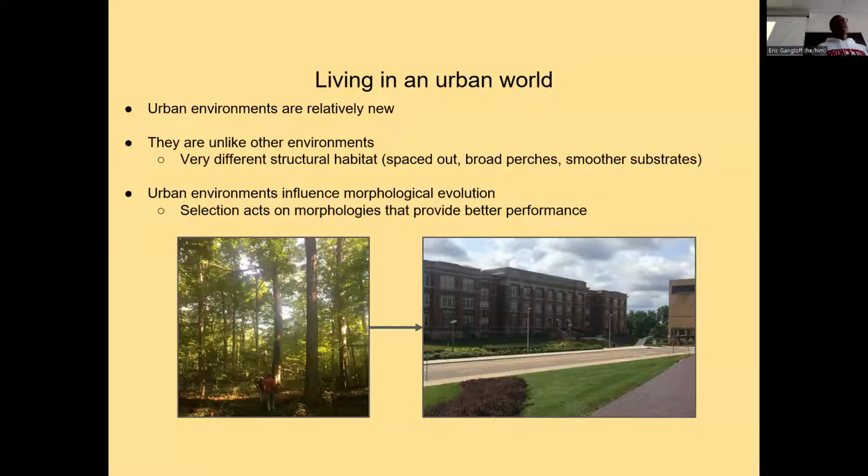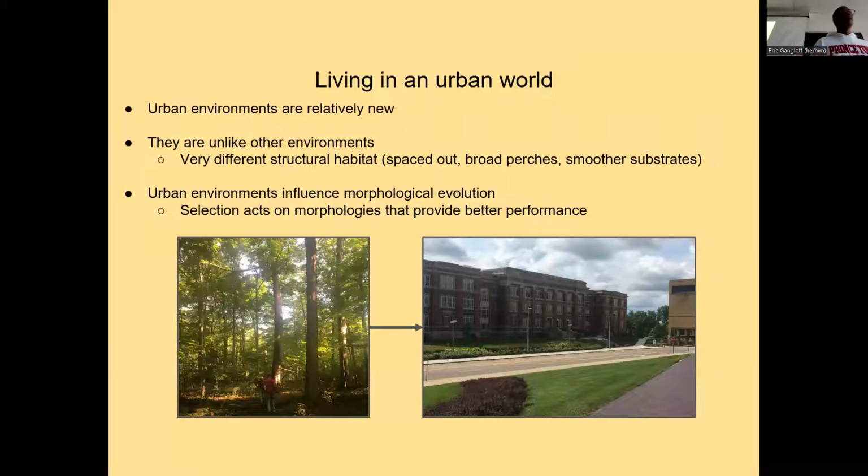So we know that if you go back to the morphology, performance, fitness paradigm, there's obviously going to be selection on varied morphologies, which ultimately translates into differences in fitness, right?